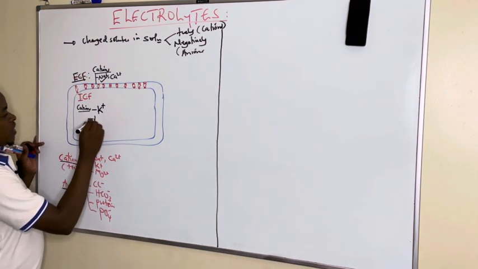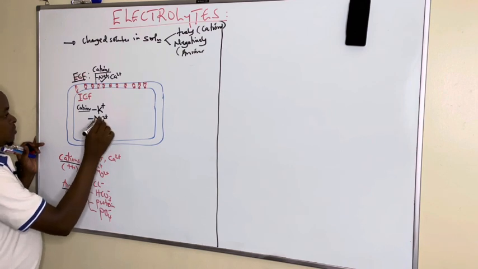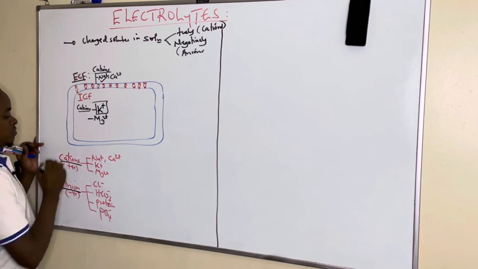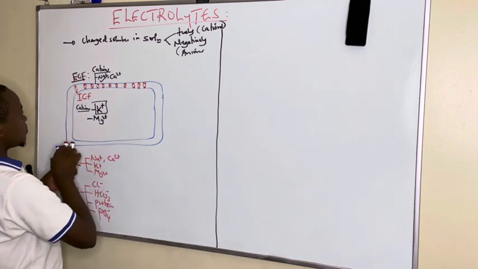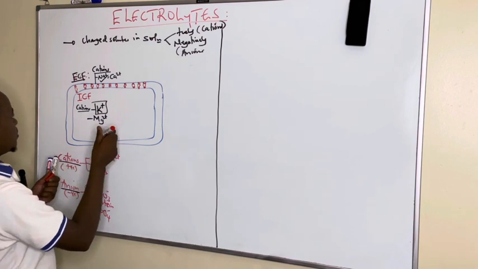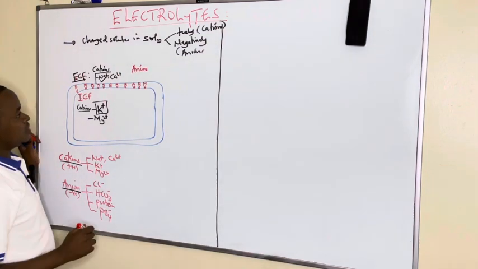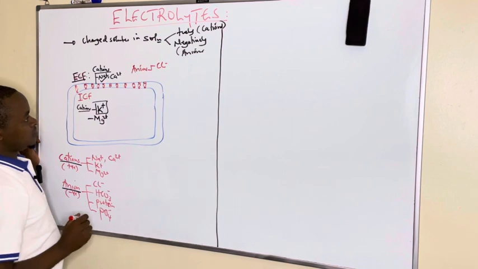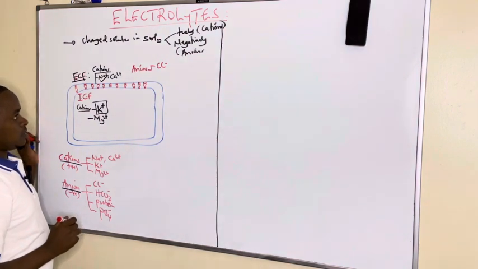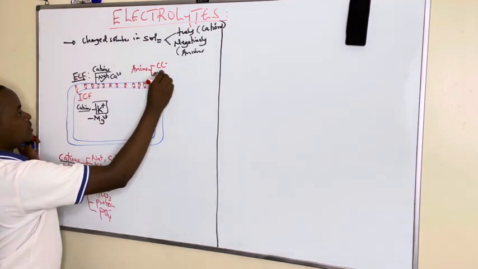We shall also find magnesium inside the cell, but the principal one is potassium. Then among the anions, those which are negatively charged, the principal anion in the extracellular fluid is chloride, and also bicarbonate.